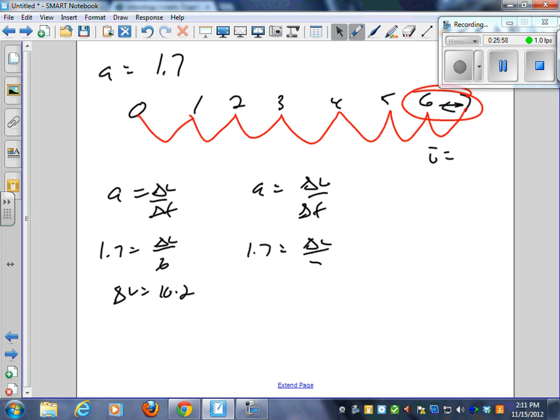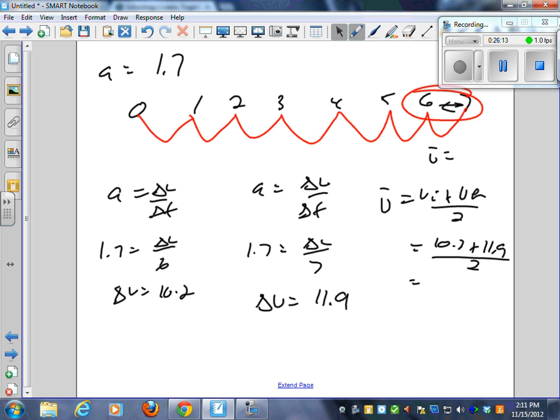My velocity after 7 is 11.9, giving me an average velocity of 10.2 plus 11.9 all over 2, an average velocity of 11.05.